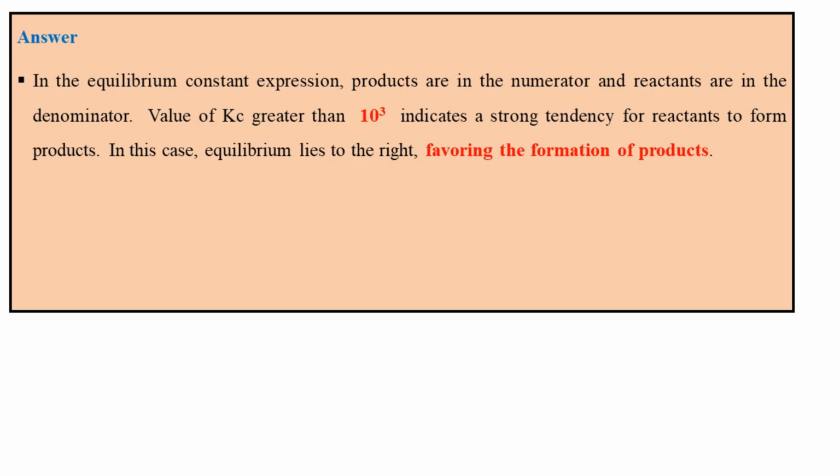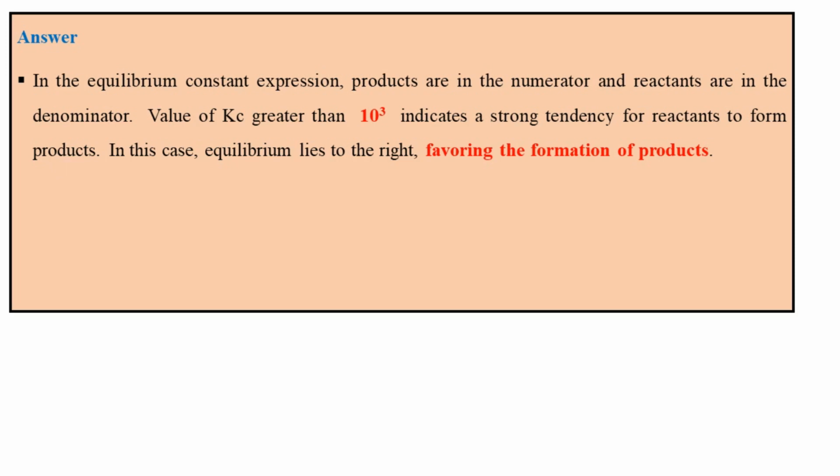So when you have a Kc value which is greater than 10 power 3, that means you have more product. It indicates a strong tendency of reactant to form product. That means you will be having the formation of the product.